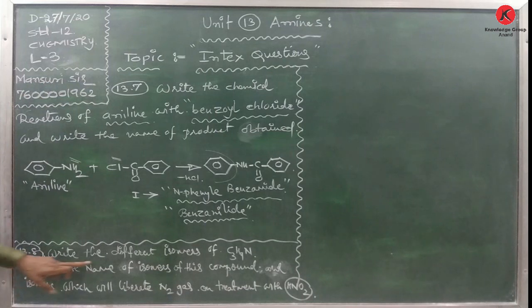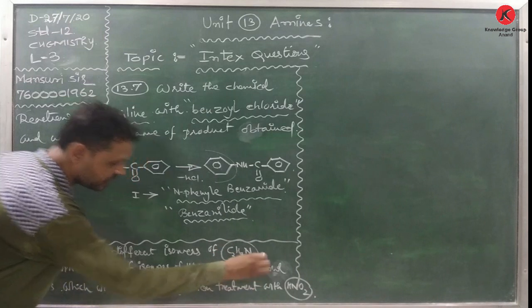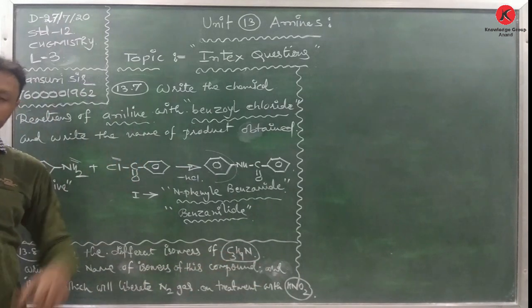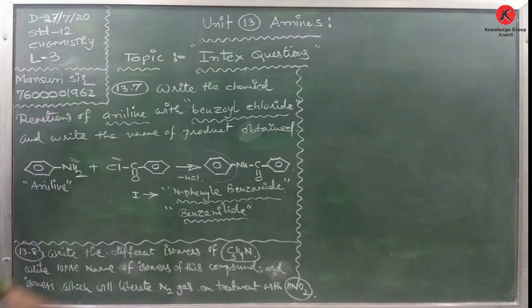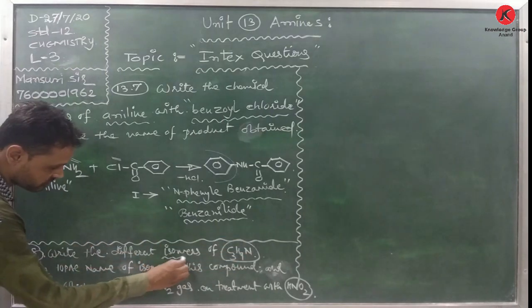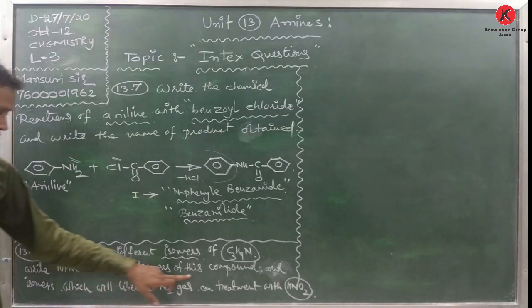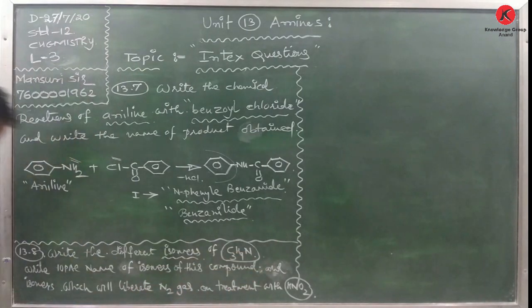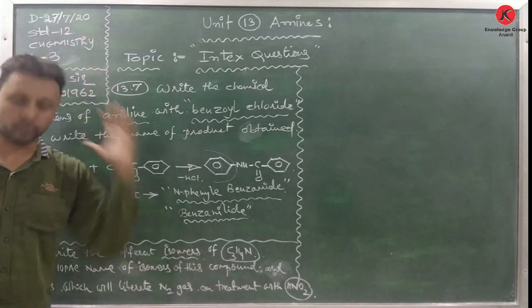Now write the different isomers of C3H9N. This is an amine. It should be primary or secondary or tertiary. We have to make isomers. Write IUPAC names of the isomers of these compounds and the isomers which will liberate N2 gas on treatment with HNO2.